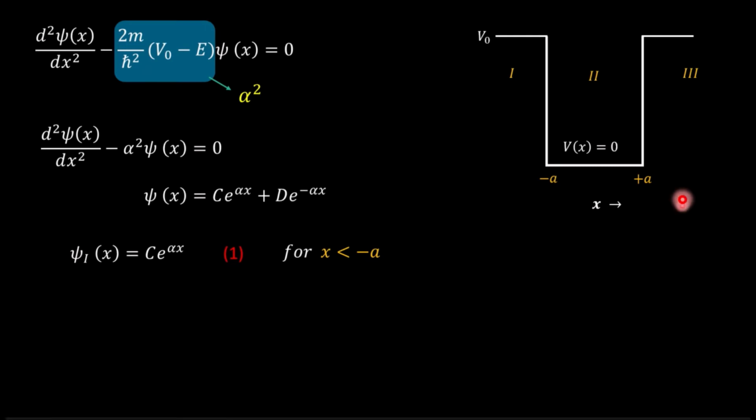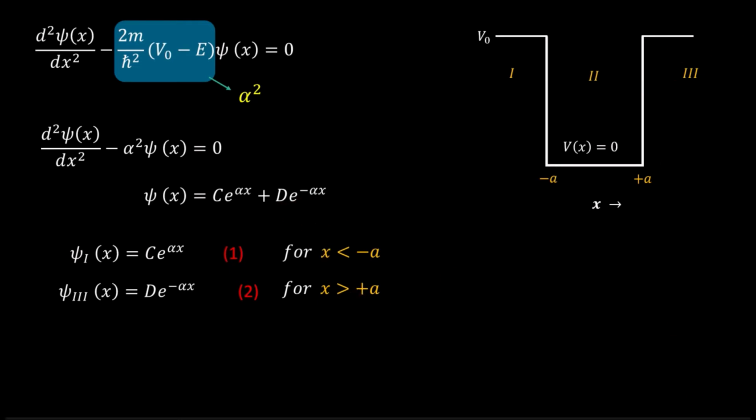In region 3, x goes from plus a to plus infinity, and hence the wave function becomes finite only if the constant c equals 0. So we can write in region 3 the wave function as psi 3 equal to d e raised to minus alpha x for this entire region.